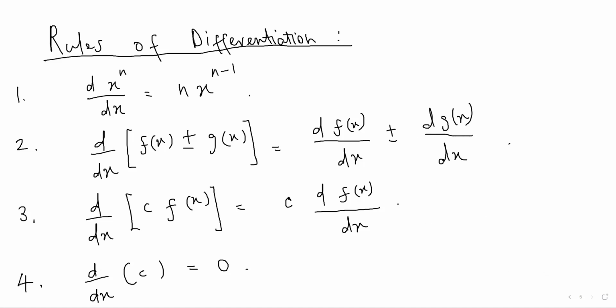Okay, and next one, rule number 5. We are differentiating the product of two functions. What's the derivative of the product of two functions, f of x and g of x?